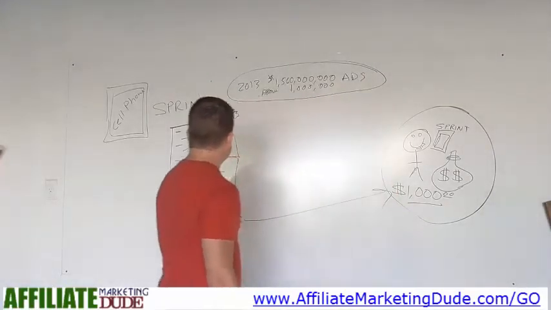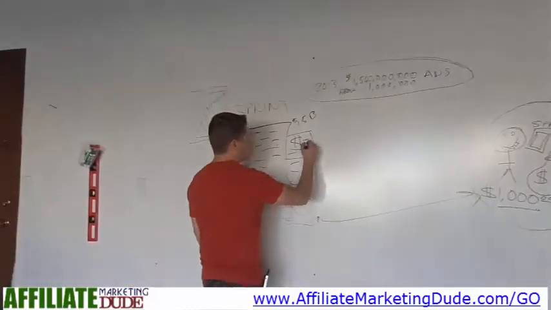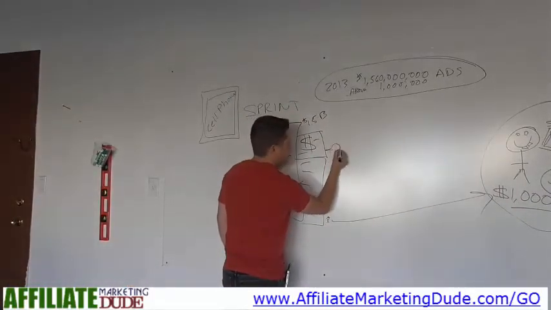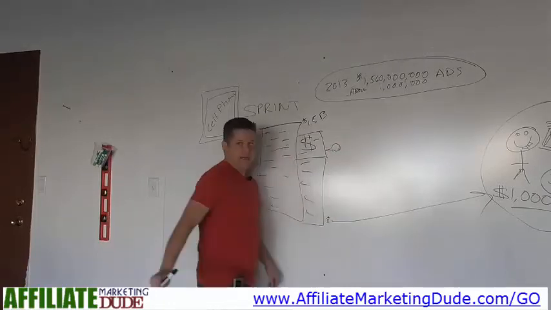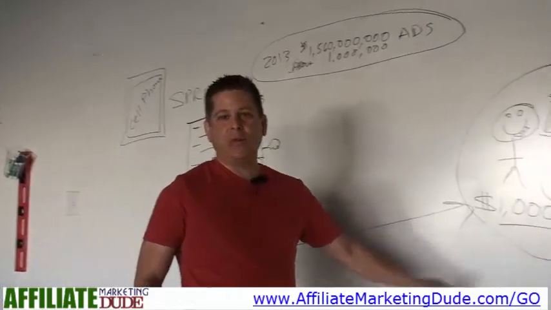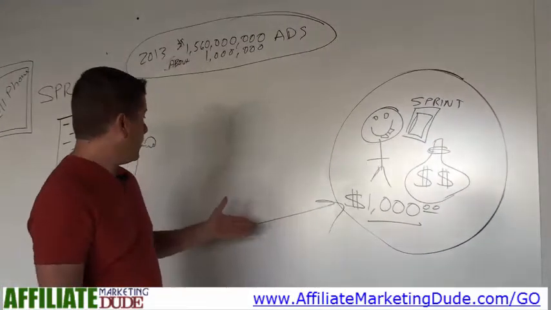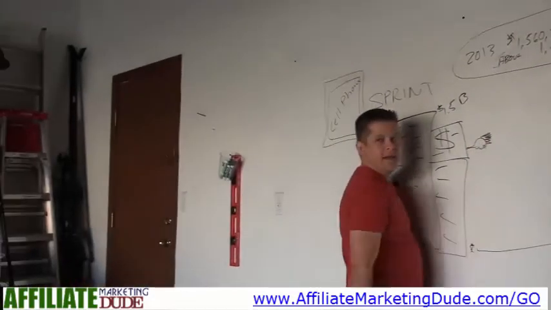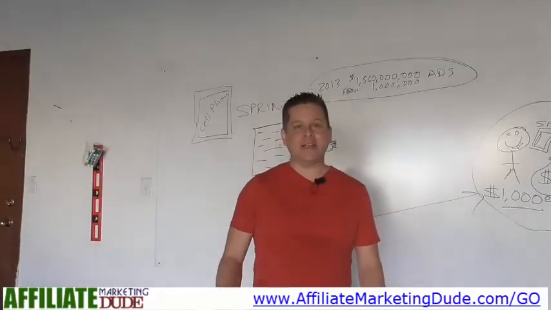So what happens is this big business goes to people like me, and someone sticks their head out and says, gee, I wonder if this guy can actually generate customers for less than we are generating customers for. And they do what is called an affiliate program.